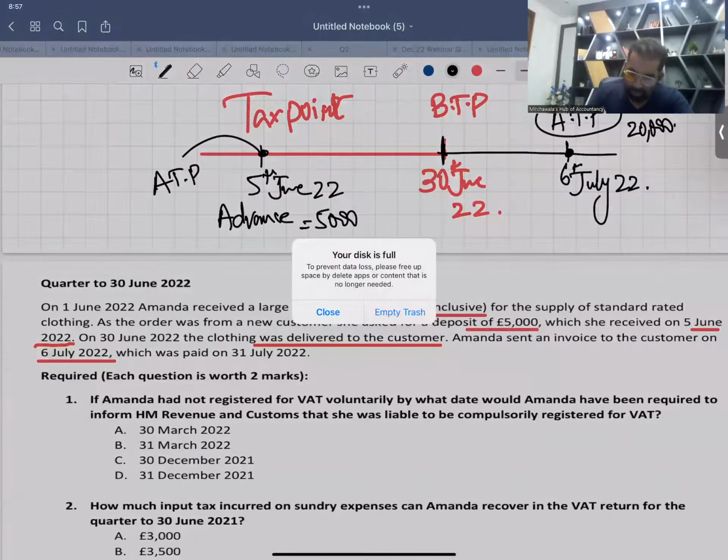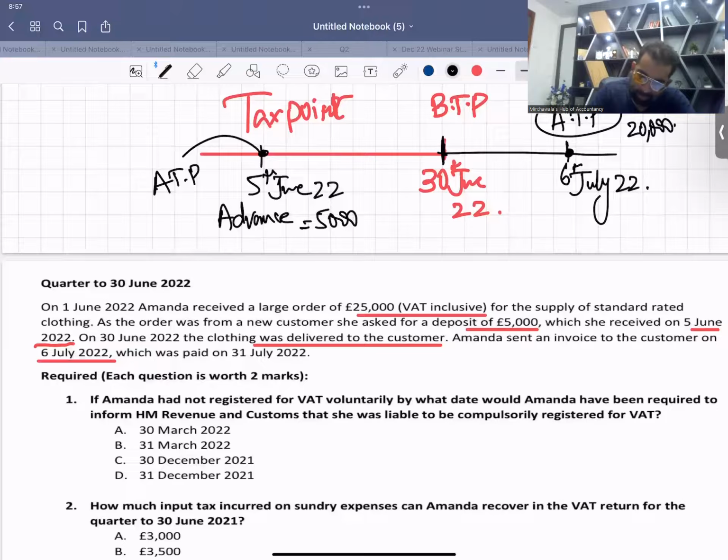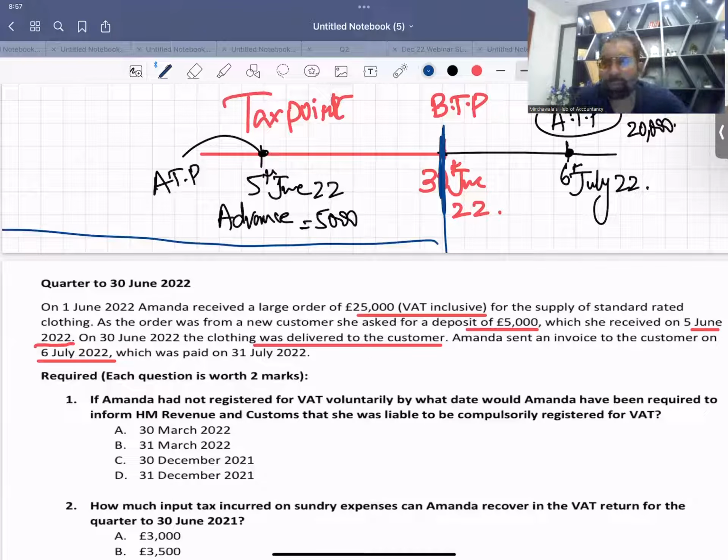Now, tell me, our quarter ends here. So how much transaction falls in our quarter? 5,000. Yes, 5,000 relates to our quarter.